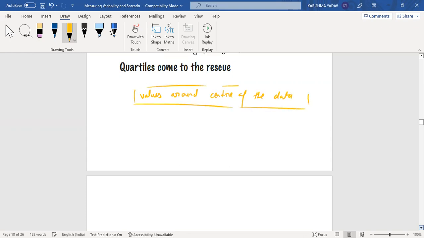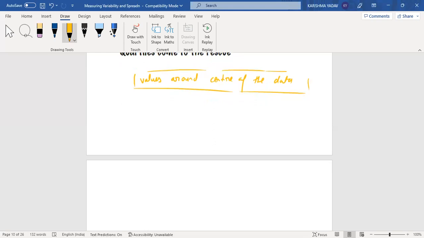We can construct a range in this way by first lining up the values in ascending order, and then splitting the data into four equally sized chunks, splitting it into four parts.